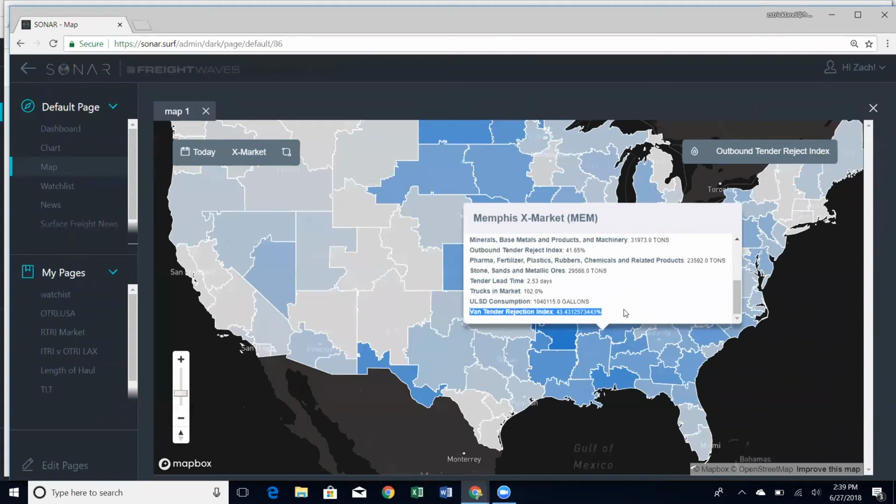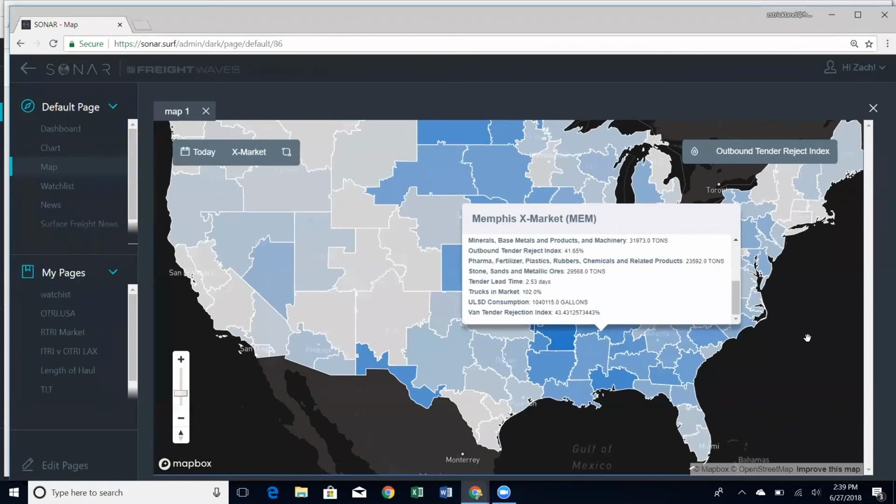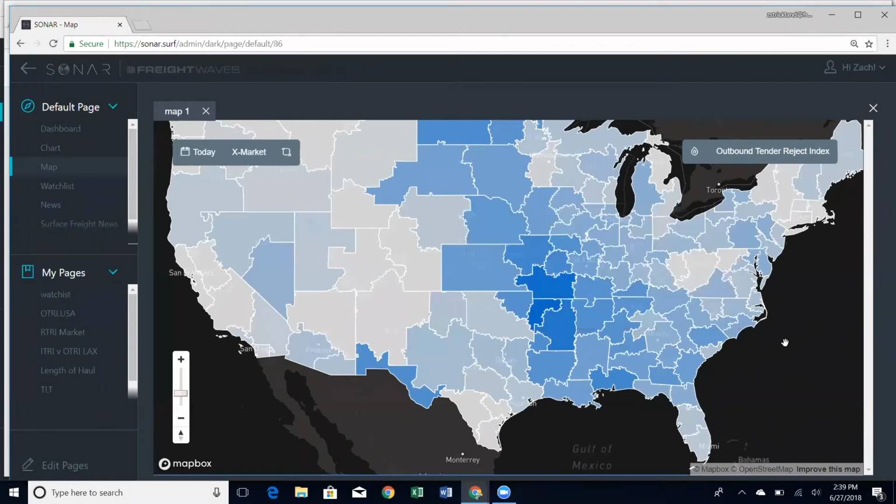So it's just another way of slicing that pie, if you will. All three of those are organized as the equipment type tender rejection indices. Obviously, the largest portion is van, because the majority of the freight in the country moves under van. Then the second would be reefer, and then flatbed would come in third place.